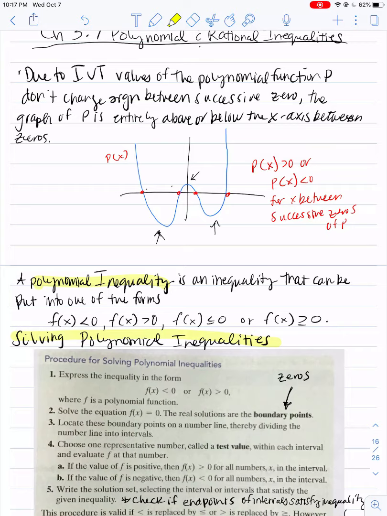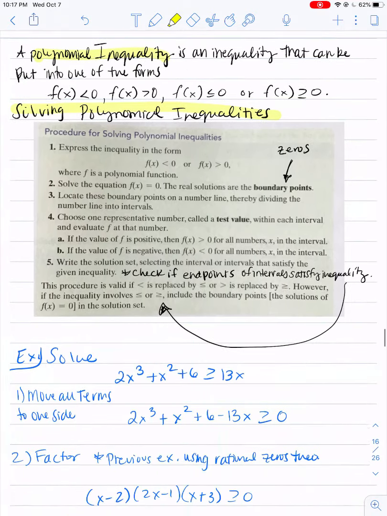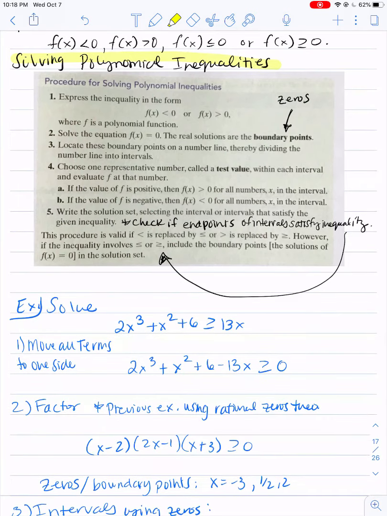A polynomial inequality is an inequality that can be put into one of the following forms: f of x is less than 0, f of x is greater than 0, f of x is less than or equal to 0, or f of x is greater than or equal to 0. In solving polynomial inequalities, we have this procedure.